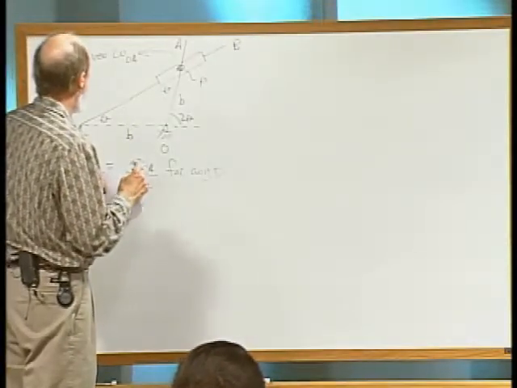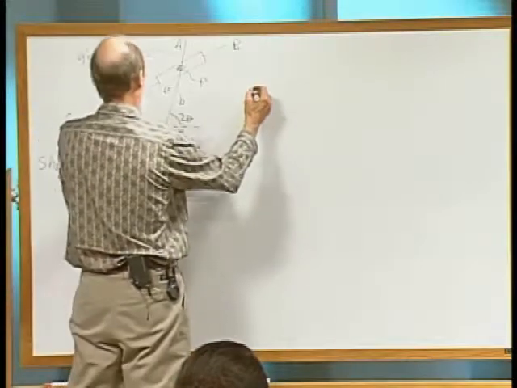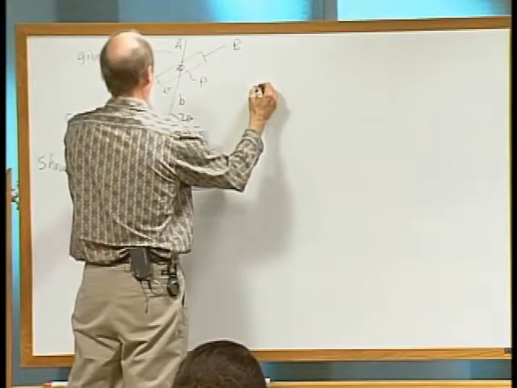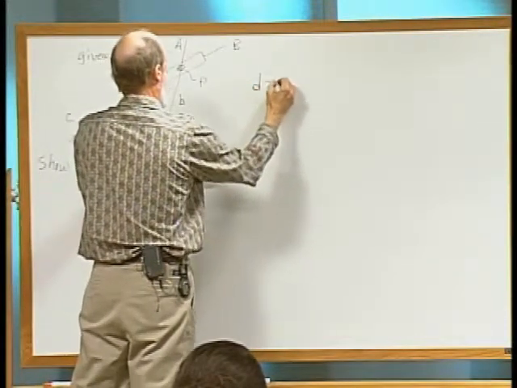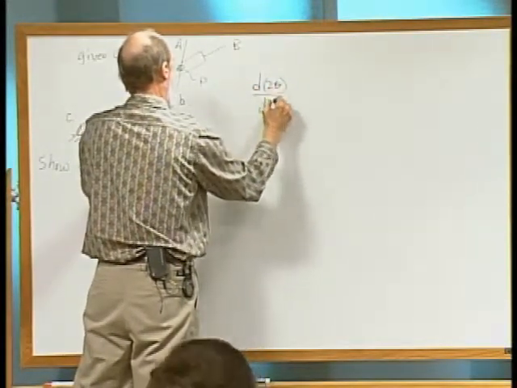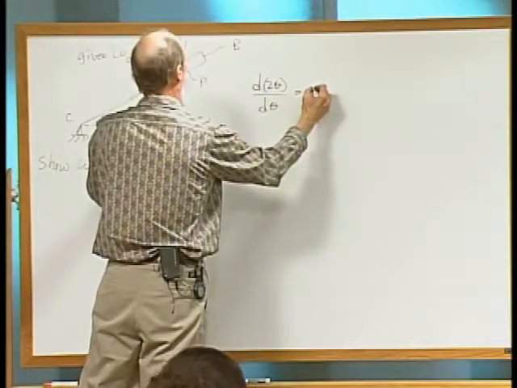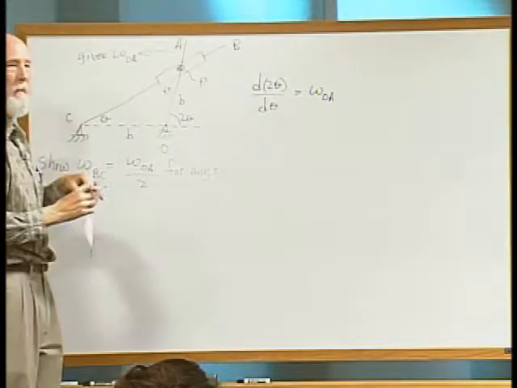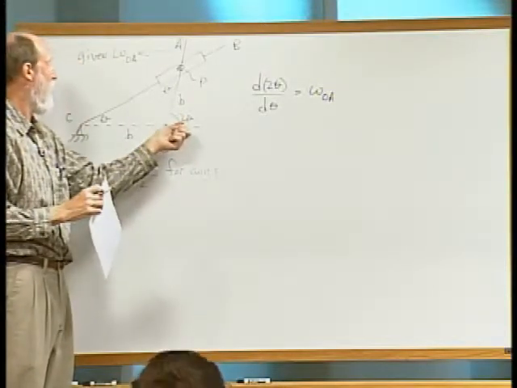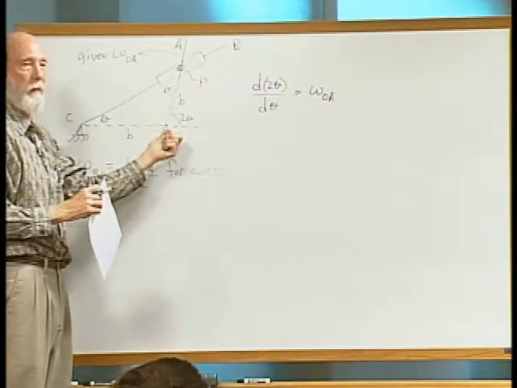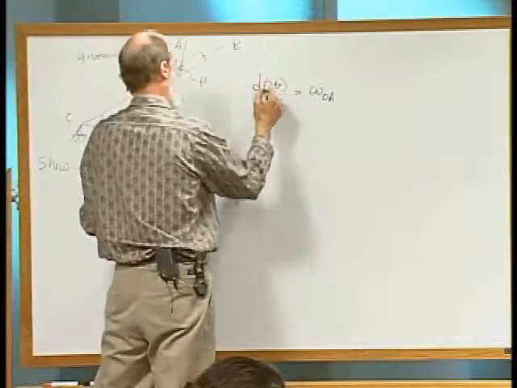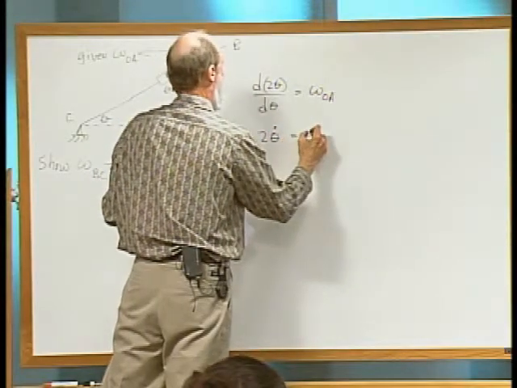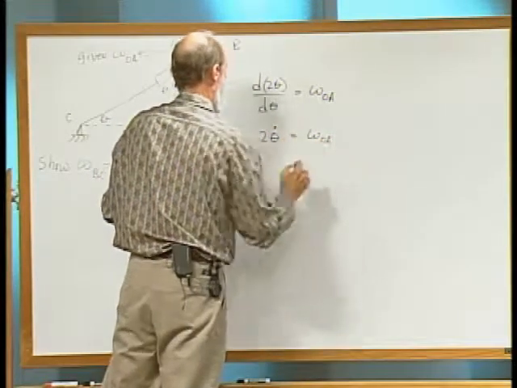So right here, we know that the time rate of change of twice theta is equal to the omega of our member OA, right? Here's our defining angle giving us the orientation of OA, and the time derivative of this is 2 theta dot equals omega OA.